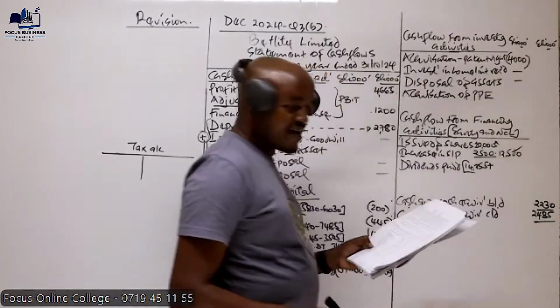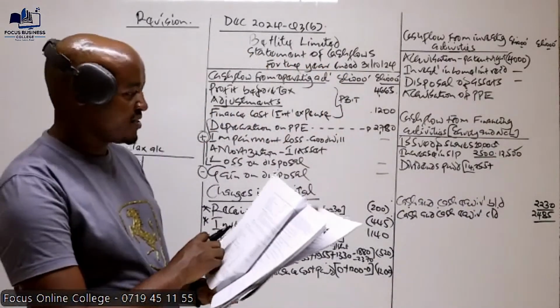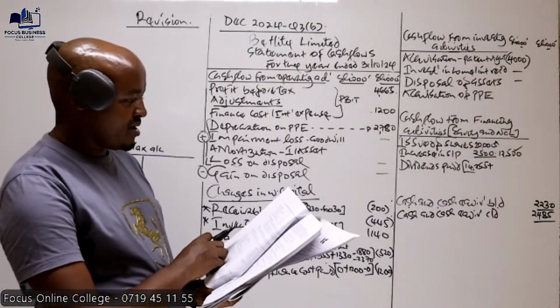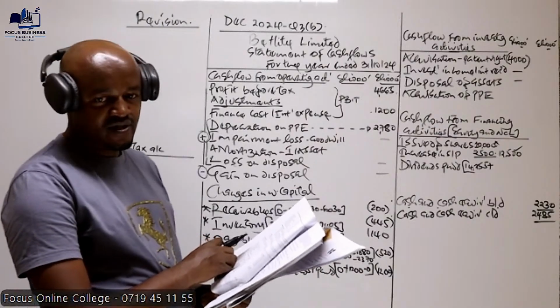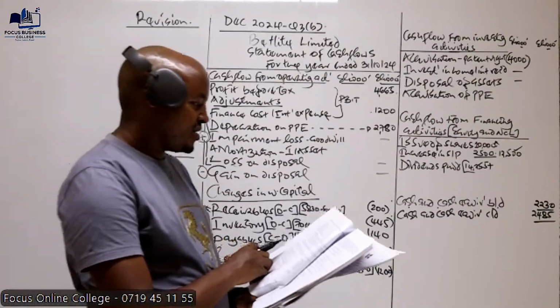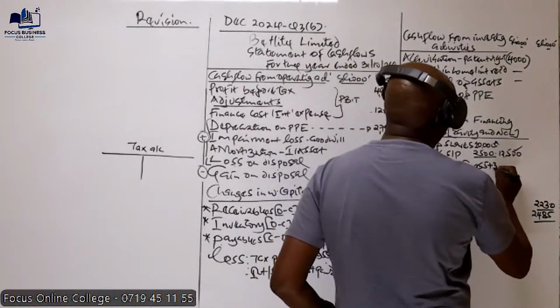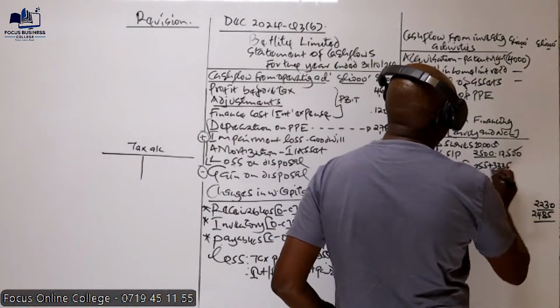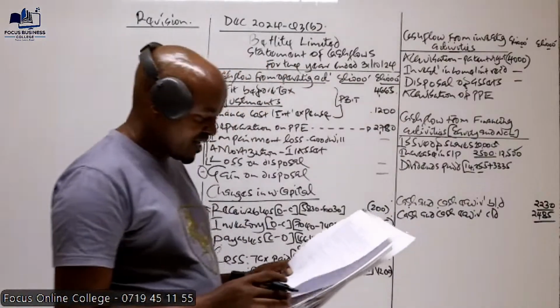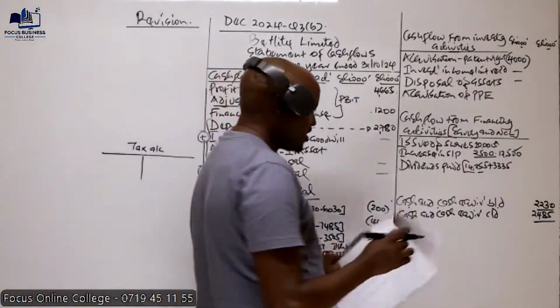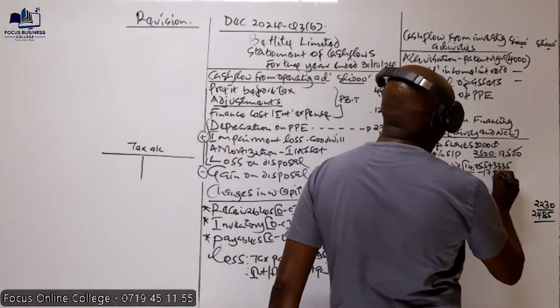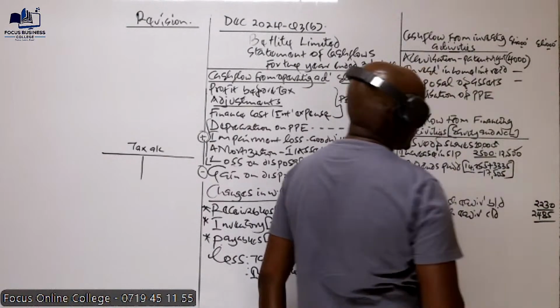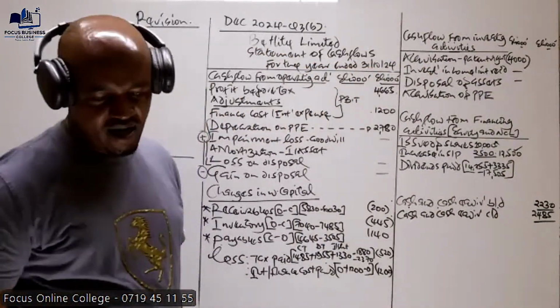And then to this, we add the company's profit after tax from the income statement, which is the same as the profit for the year, 33.35. And then to this, we minus the retained profit at the end, which is 17.505. That should give us the dividends which were paid.